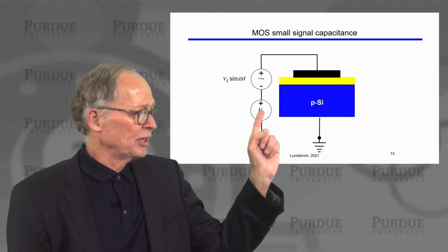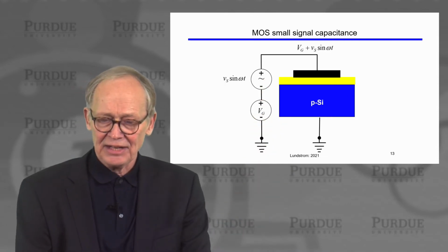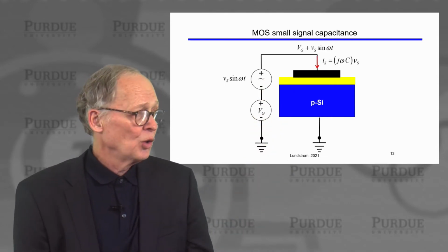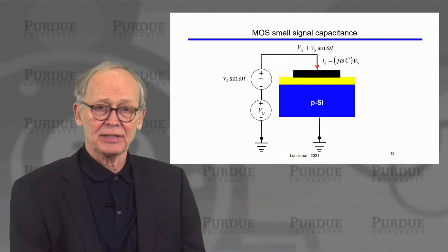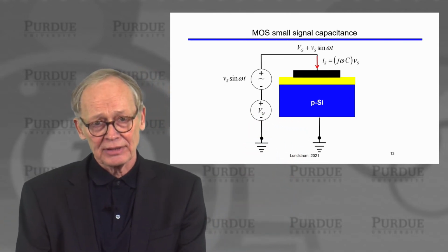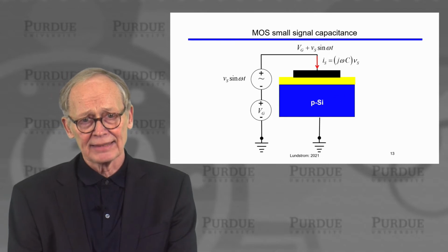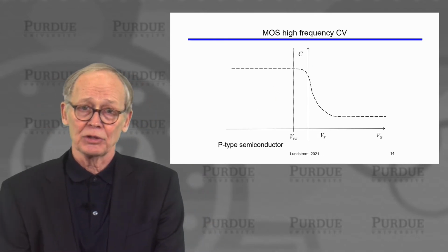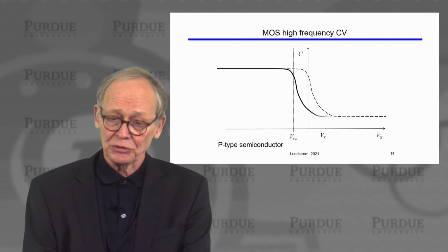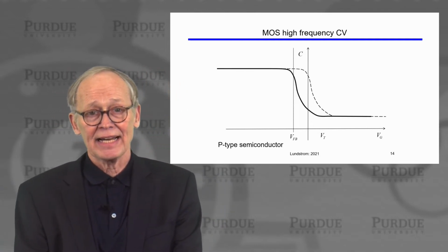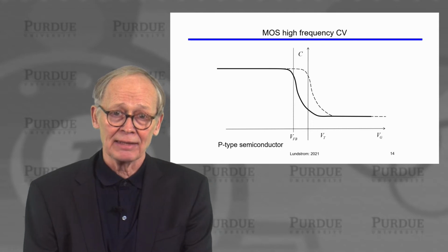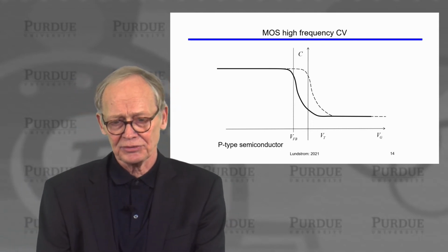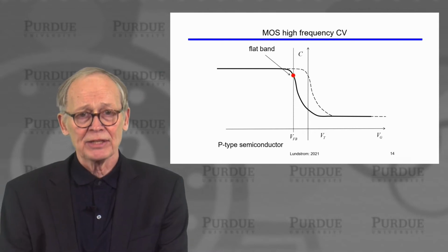We apply a DC bias, we measure the AC small signal current that flows in, and we deduce the capacitance as we vary the DC bias. So we get a small signal capacitance versus DC bias characteristic. For a p-type semiconductor, ideally it would look something like this. Real structures have some finite, typically negative, flatband voltage for a p-type semiconductor, so it is simply shifted. And we talked about how we interpret this.